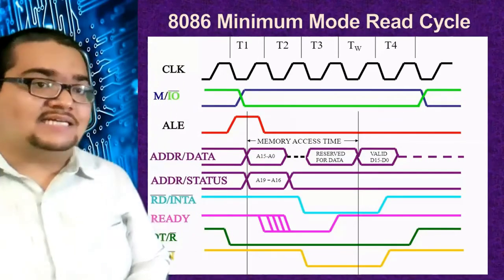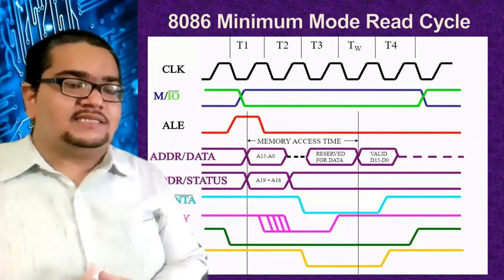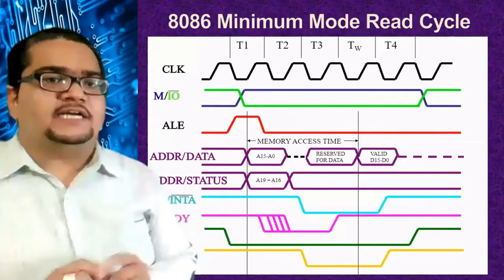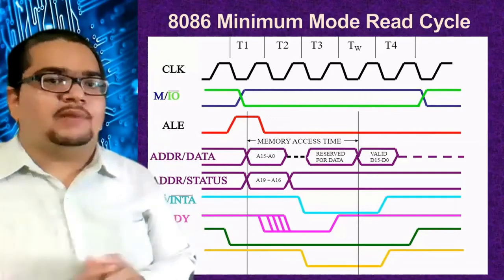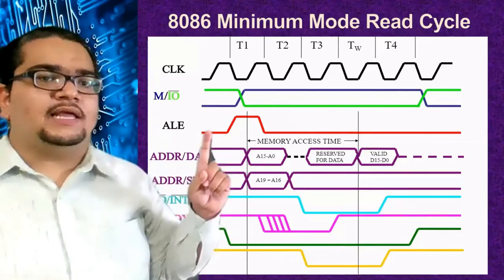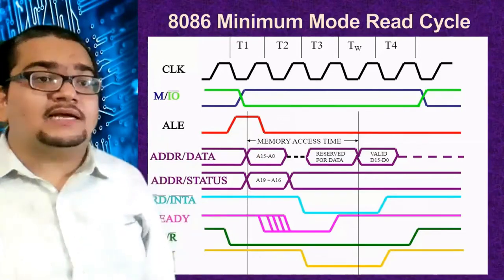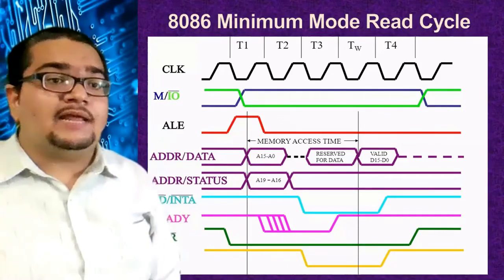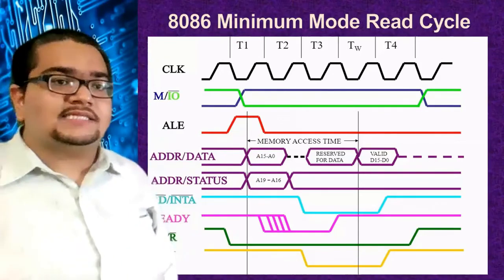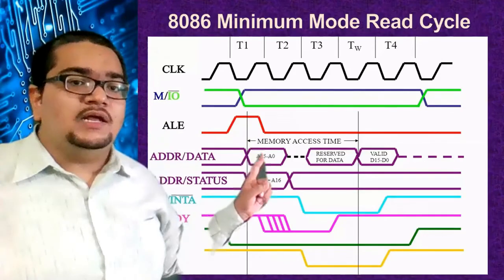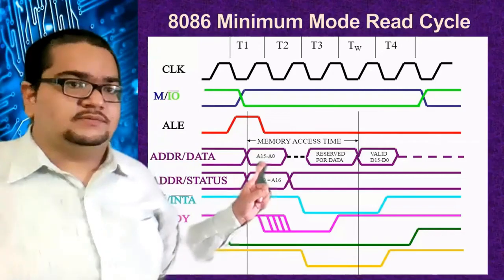As these lines are dynamically changing between containing address and containing data, they have to be stored somewhere. That is what our ALE and data enable pins are doing. You can check it out. ALE is high for a certain amount of time here. When it is high, it will trigger and enable the latches. Once the latches are enabled, the address on these address lines will get into the latch.